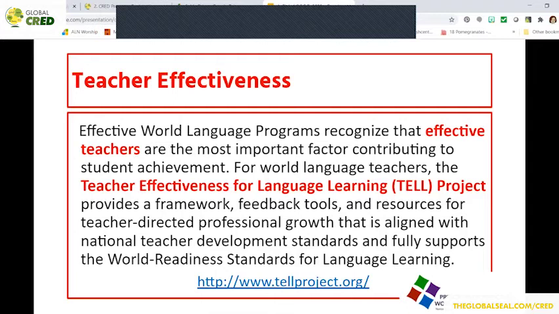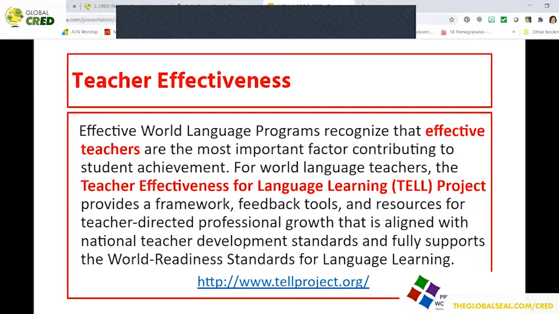I will tell you from the point of view as a world language supervisor, where I get to provide feedback to teachers and create professional development opportunities for teachers, I use the TELL project tools and framework for everything. I will use pieces from the framework to frame all professional development opportunities for my teachers.